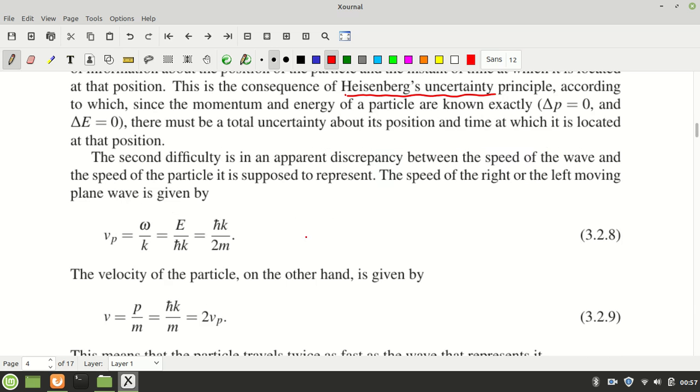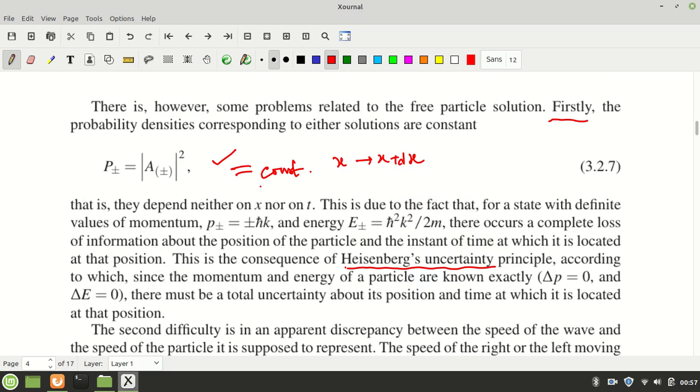So it is happening over here, because the probability is not dependent on the position and time. At any position and any time the probability of finding the particle is constant. That means the particle can assume any position at a particular momentum. So the position of the particle is completely uncertain.